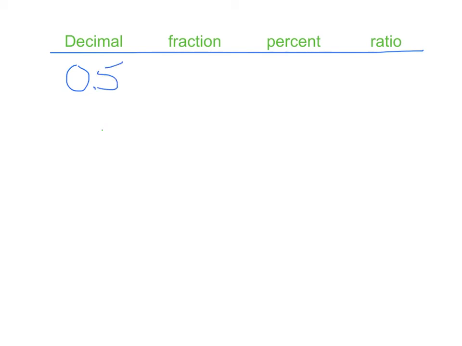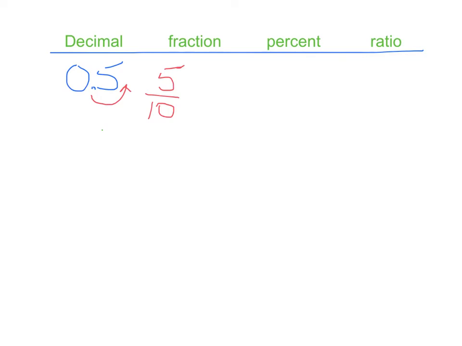If I gave you the decimal 0.5, I know 0.5 is the same thing as half. But I know that because, once again, in order to convert a decimal to a fraction, I need to move my decimal point as many times as I can to get it to the very end. That, at first, turns it into the fraction 5/10, because remember, I moved it 1 time, so there's only 1 zero in my denominator.